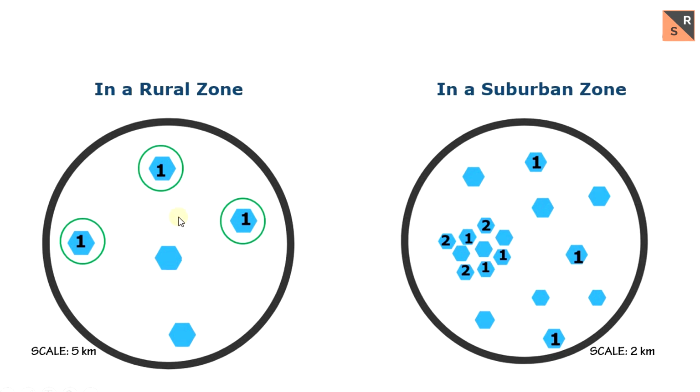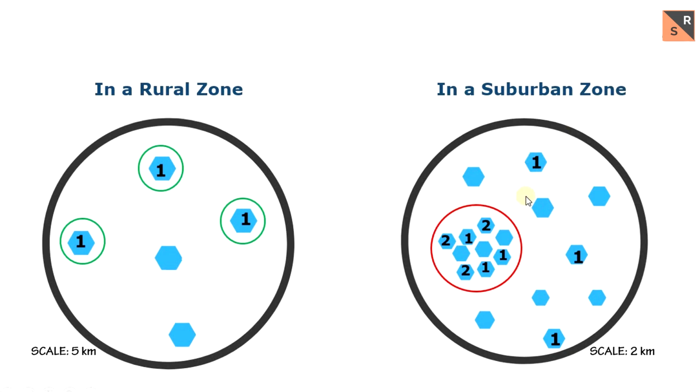But if we look at an area around the city, the city is about here. We see that in the area surrounding the city, the base stations are a little more densely arranged than in the previous case. And if we look at the downtown, it's the following slide.